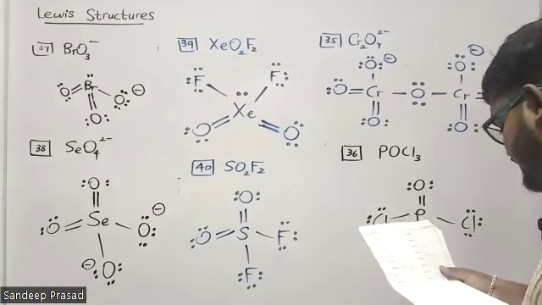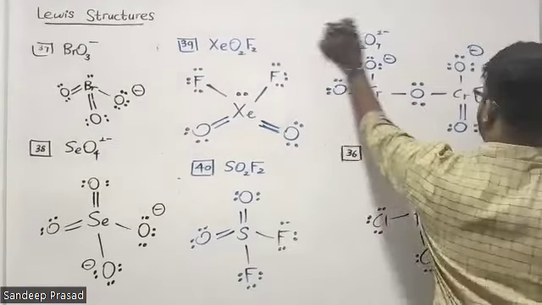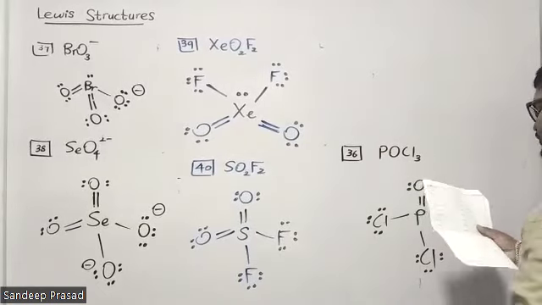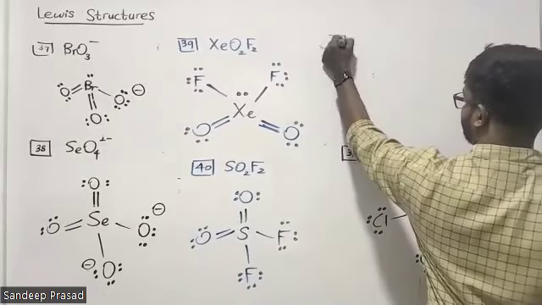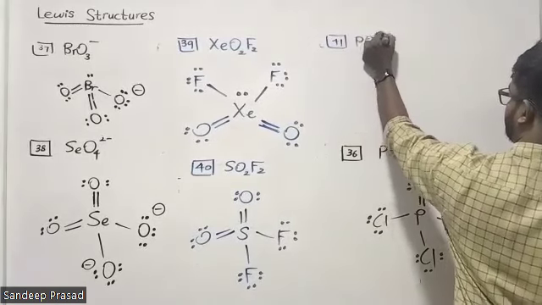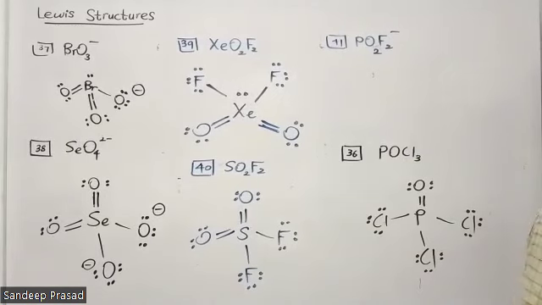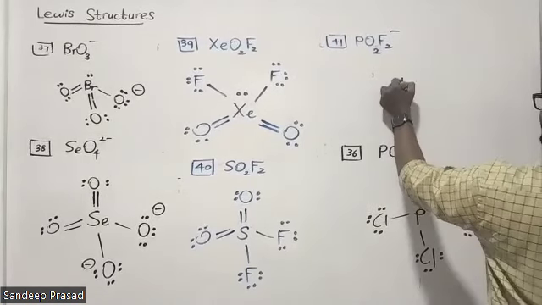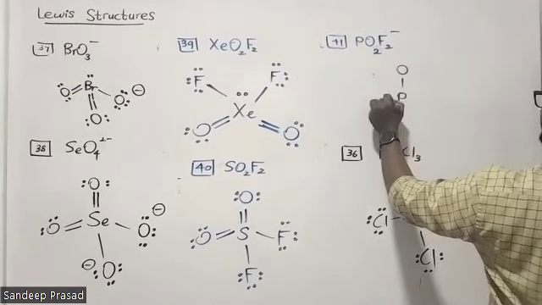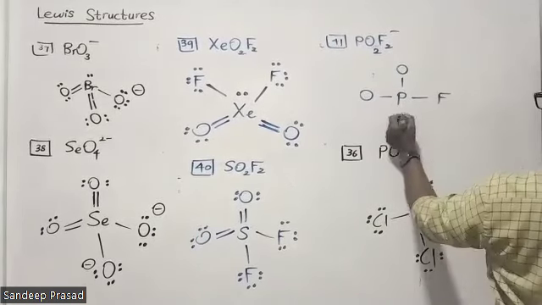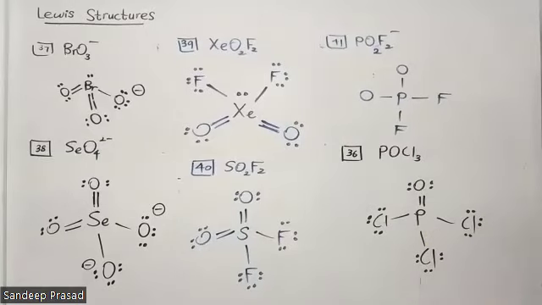Then we have number 41. PO2F2 minus. Let's see. Phosphorus, oxygen, in this way.